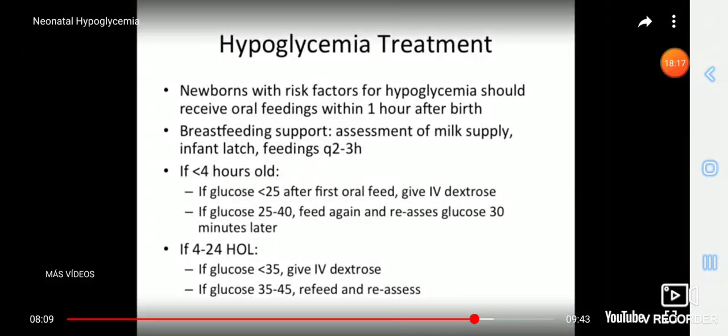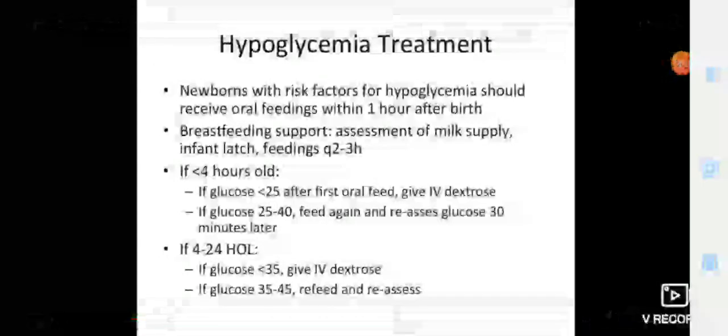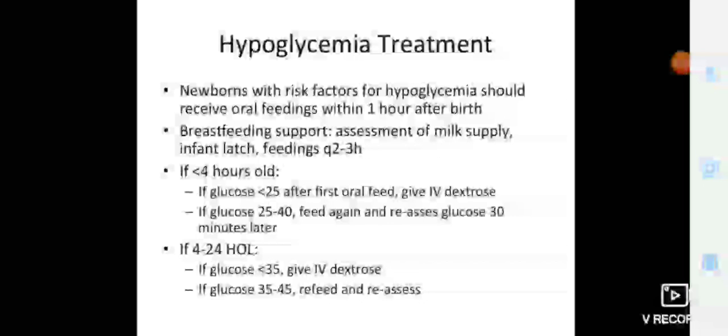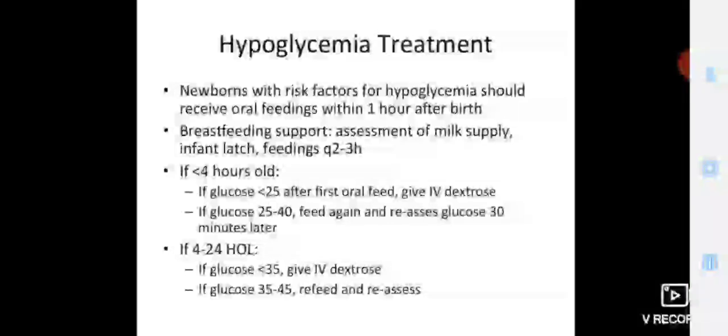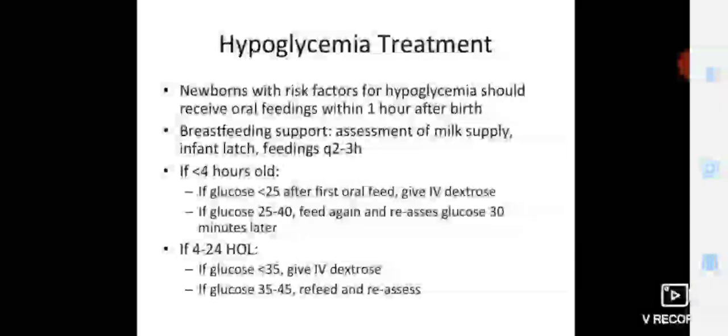If an infant under 4 hours old has a confirmed hypoglycemia that is less than 25, the infant should be given IV dextrose. If the glucose is between 25 to 40, the infant may feed, and the glucose should be reassessed 30 minutes later. If an infant is between 4 to 24 hours of life and the glucose is less than 35, the infant should be given IV dextrose.